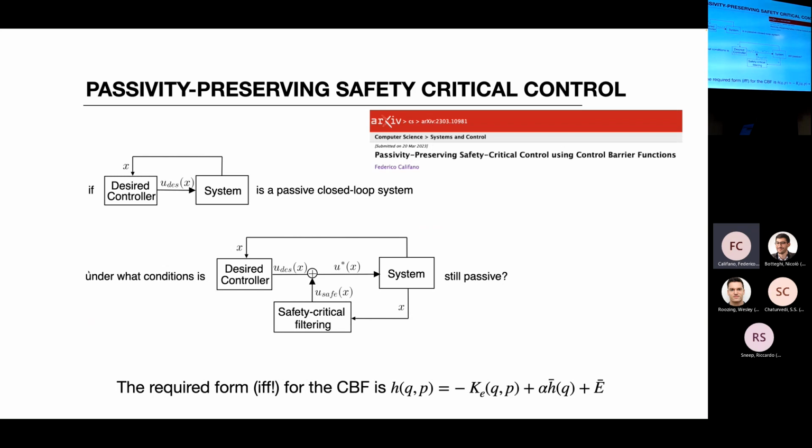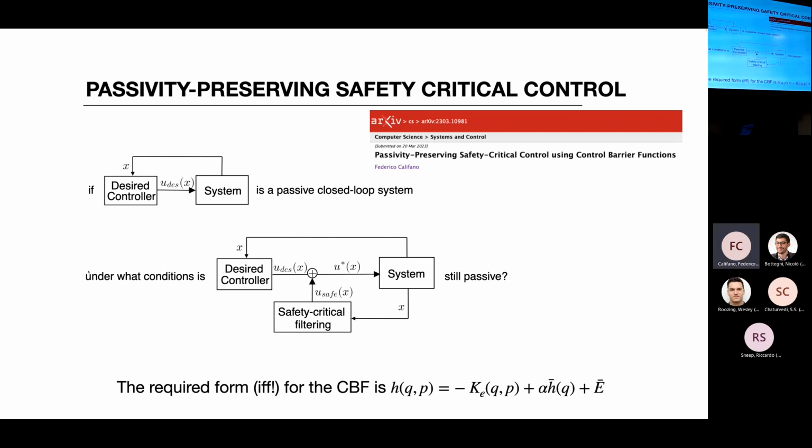Of course, in general, it doesn't. I can put funny CBFs that bring me into some strange region of the state space and inject energy in the system. Roughly speaking, the question here is, what are the CBFs that I'm allowed to use such that the system does not inject non-passive energy flows, such that the control system is still passive?